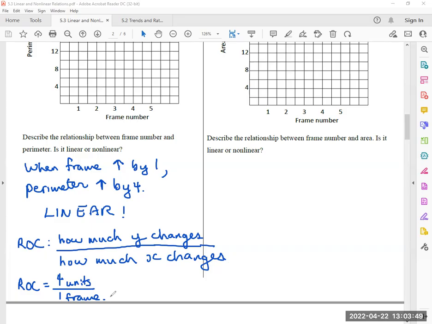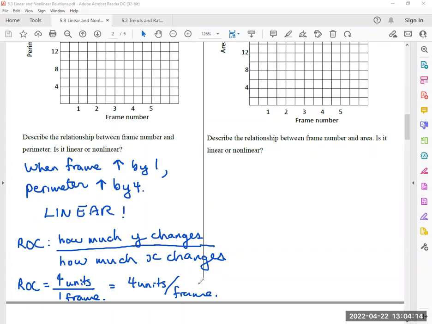Does that ring a bell from all the way back in February? The rate of change is 4 units per frame. It's a unit rate. It's a fraction. It's a proportion. So all the stuff we've been doing since way back in the beginning of February, we're going to bring it all together. Yes?